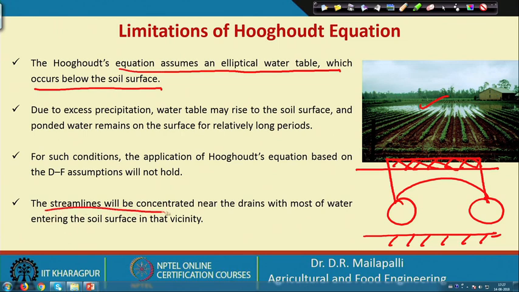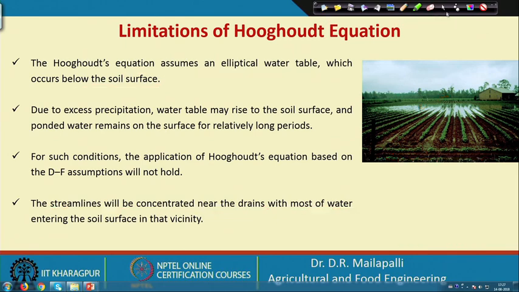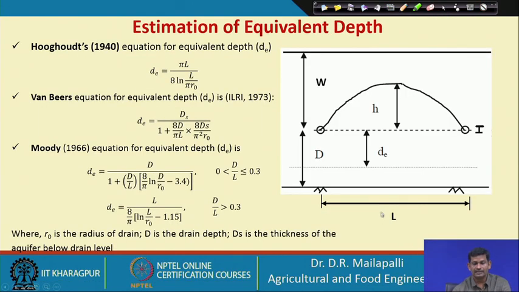The streamlines will be concentrated near the drains, with most of the water entering the soil surface in the vicinity. Because of the ponding on the surface, most of the streamlines will be concentrated near the drains. Okay. So, this is one limitation.